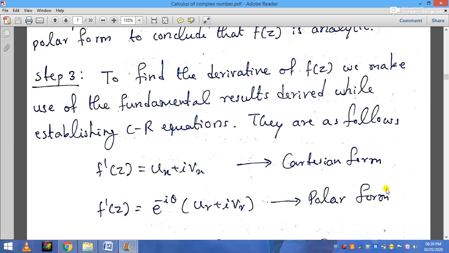So to find the derivative, we use this f dash of z in terms of Cartesian and in terms of polar form.